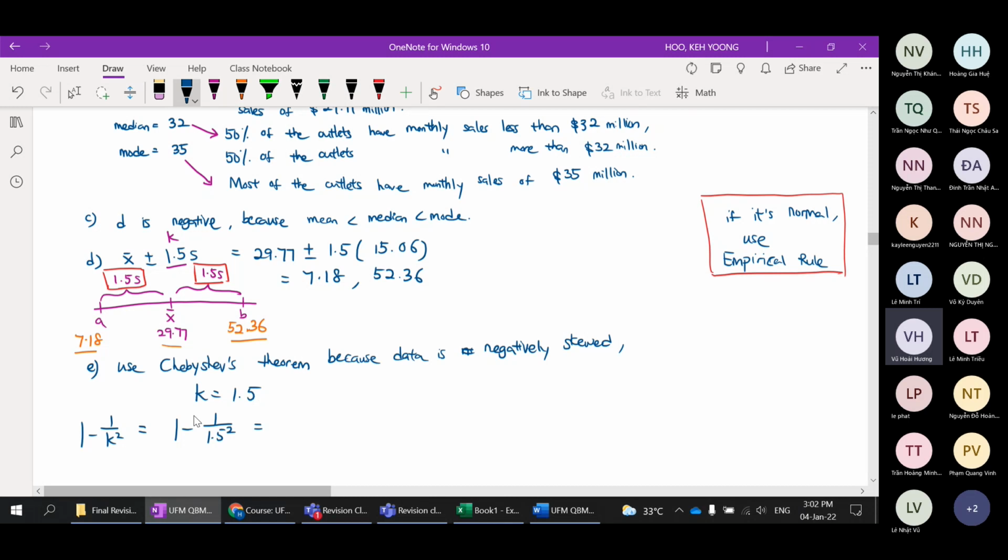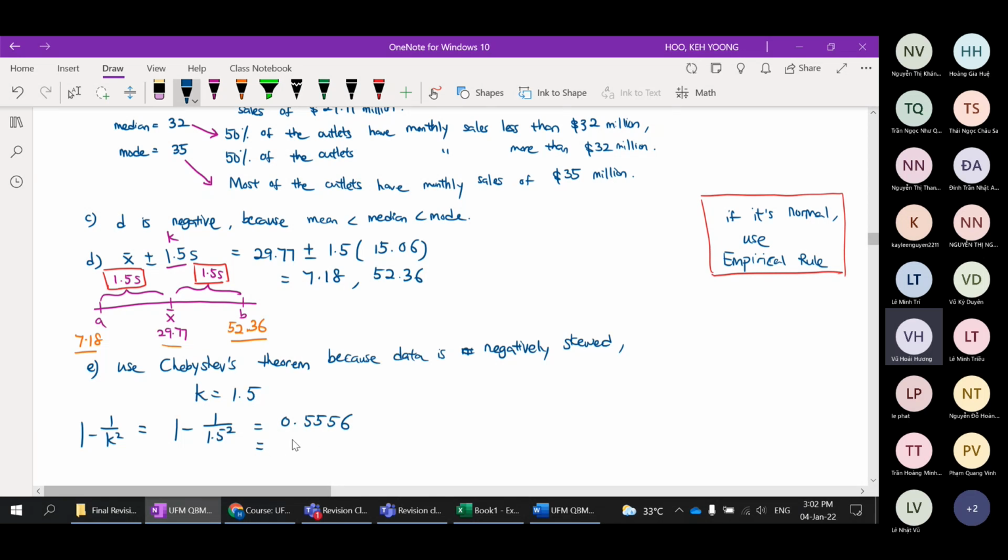The question gives you the interval already, and from question D we know that k is 1.5. The answer that I got here is 0.5556. I use 4 decimals because later when we convert to percentage, you multiply by 100 and get 55.56%, with 2 decimals.